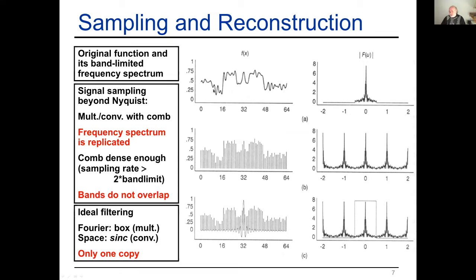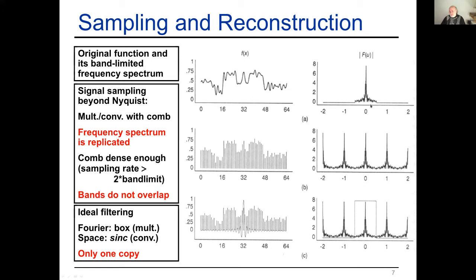So here is my original function. We assume it is band limited, so we assume it doesn't have sharp edges. It has a maximum frequency, and you see this here in the Fourier transform, right? You have some frequencies here, but then it's all limited, and there are no higher frequencies than 1/2.